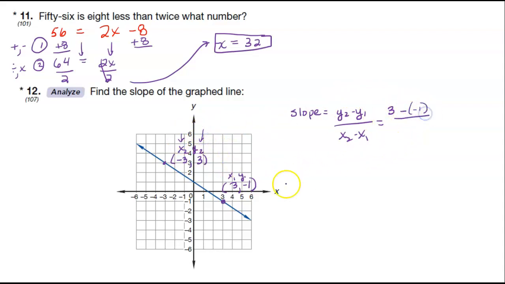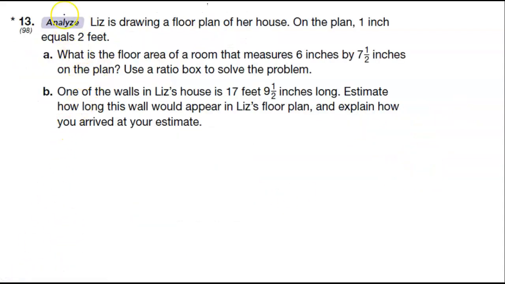Okay, and then for x2 it is negative 3 minus, and then I have 3 here for x1. So this actually becomes keep, change, which becomes 4, and this becomes negative 3 minus 3 is negative 6, so this is going to be negative 2/3 is my slope. So we're going to reduce it.